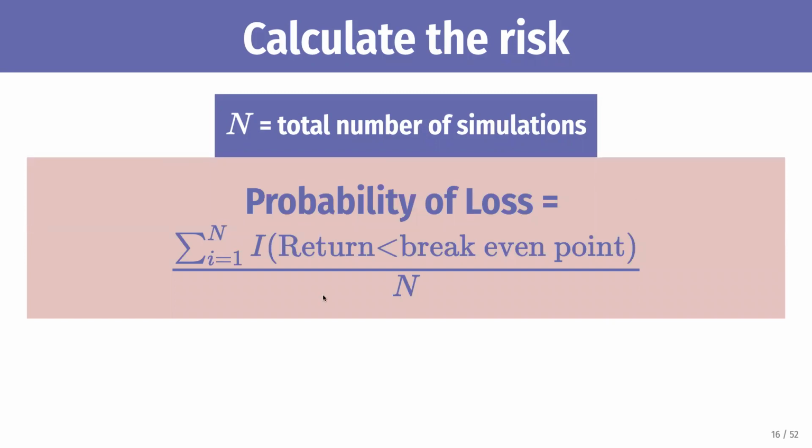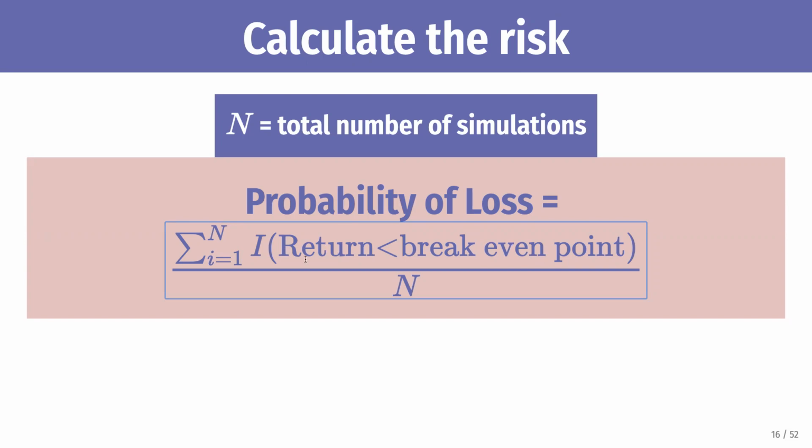So the first quantity of interest is the probability of loss. In the numerator, it's going to be summing from 1 to N, so summing across all of your simulated values. I here means an indicator. So this is an indicator that your return or your profit is less than your break-even point. For example, in the rental case, our break-even point was 0, so essentially not making a profit would be 0.